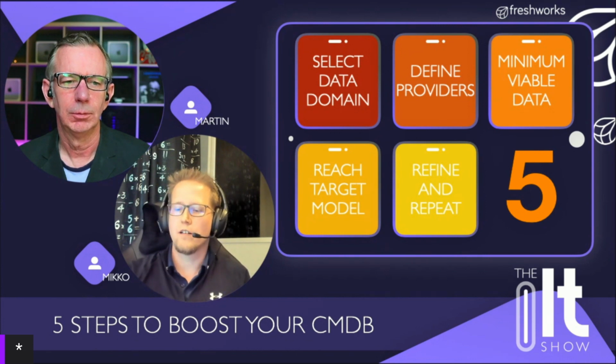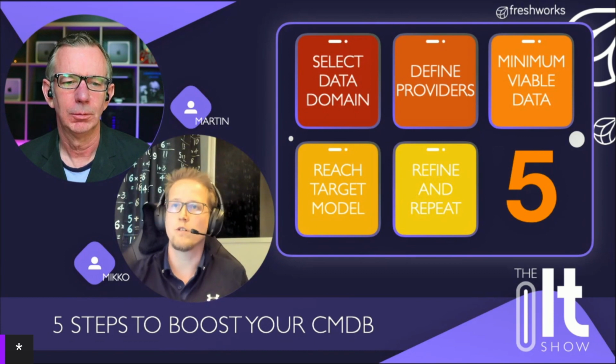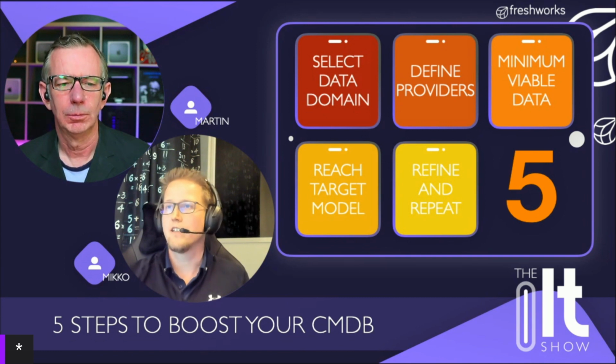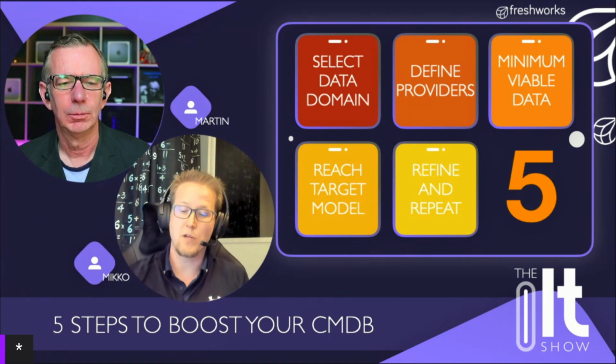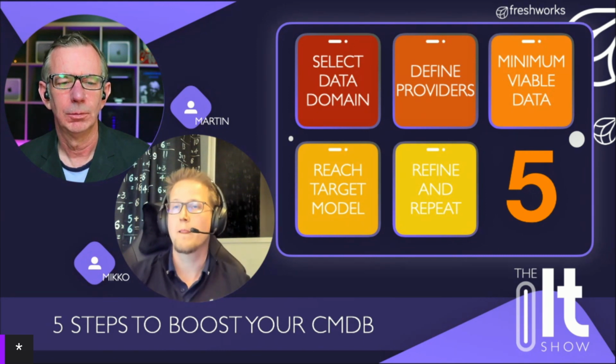Let's use business application as an example, where you have agreed to focus on the business application data. Then you are done with the first step. The next step, or actually as part of the first step, is to define who is the owner for that domain. So from the previous slide, the data owner for the business application domain. That role is often split between several people.